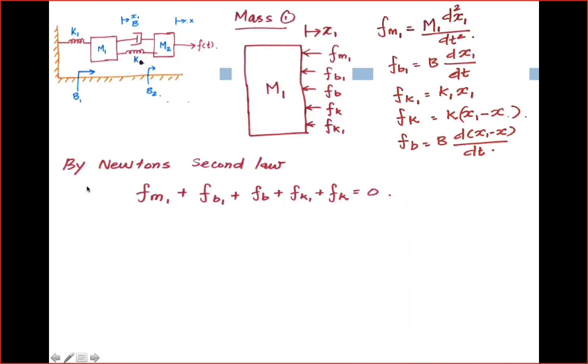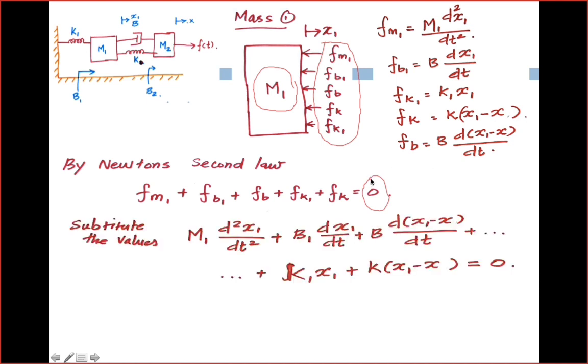Using Newton's second law, I told you that the sum of all forces upon mass element 1 is equal to 0. There is no applied force on this particular mass element. Hence, we are going to sum all the opposing forces on this mass element. So when we add all these forces, the sum will become 0.